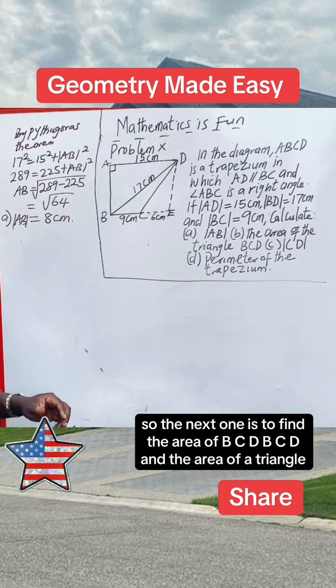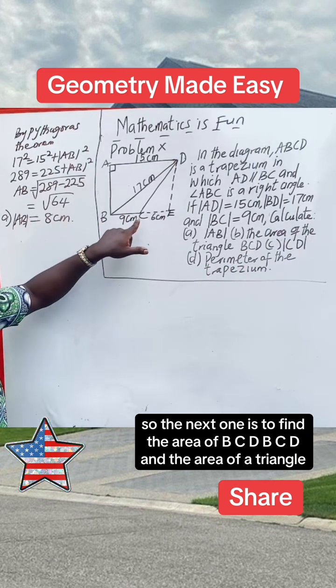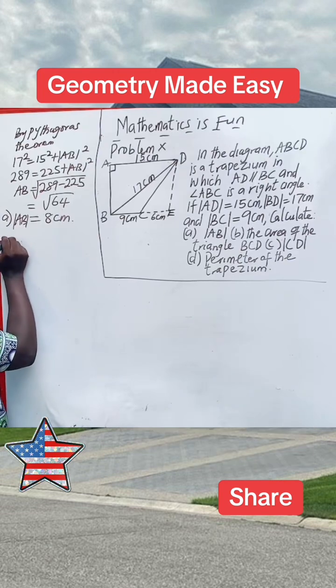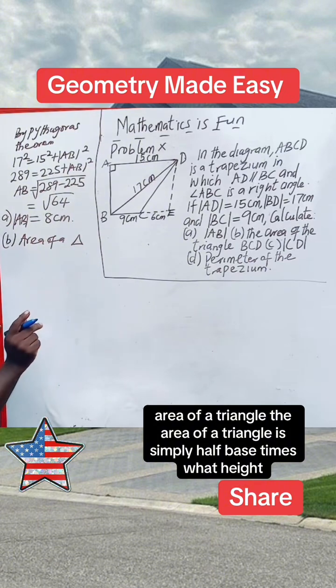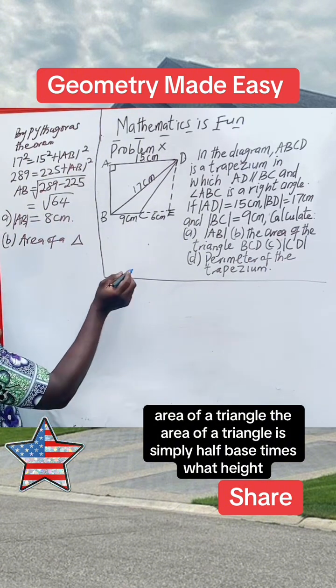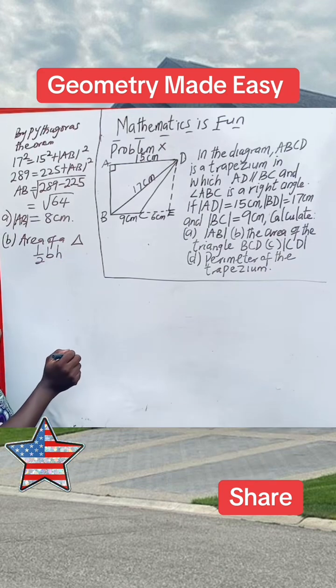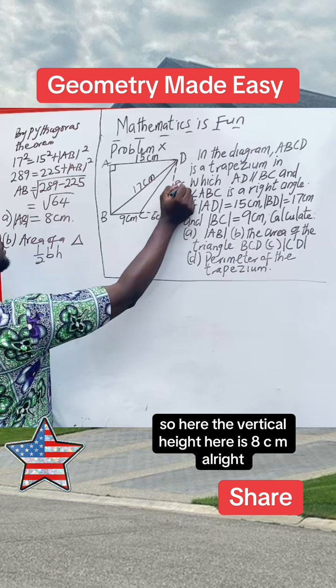All right, so the next one is to find the area of BCD. The area of a triangle is simply half base times height. So here, the vertical height is 8 cm.